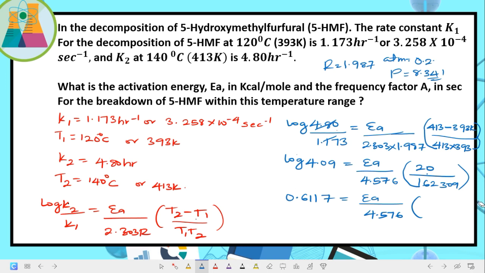Let me rewrite it again so that it will be visible. 0.00123. Okay, now at this point in time, what can we do?